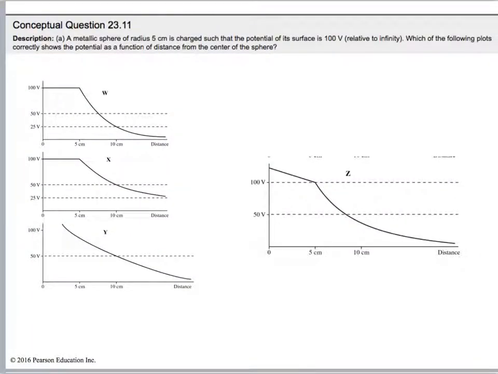So here's an example to see if we could figure out which graph is going to be best. This is a similar question where we have a metallic sphere with a radius of 5 centimeters, and the potential at the surface is 100 volts.